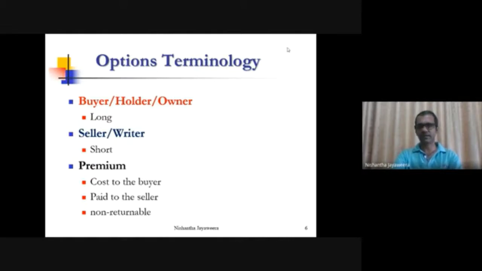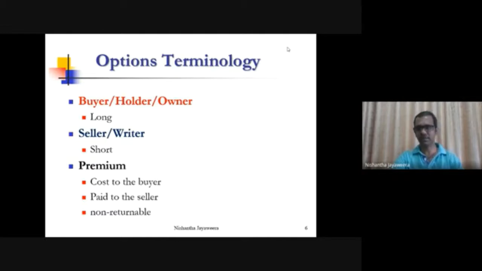To buy the option, the buyer has to pay the premium to the seller. The seller has no right, and the buyer has no obligation other than paying the premium. Once the premium is paid, the buyer has no obligation but has the right. The seller has the obligation. Whenever the buyer of the option comes and says, I want to exercise my right, the option seller cannot say no. He has to meet that obligation.